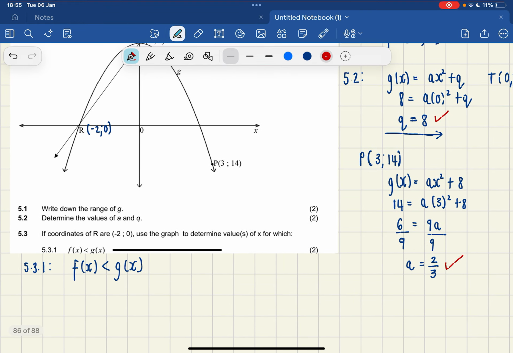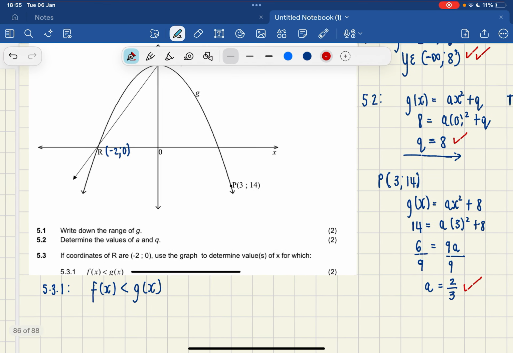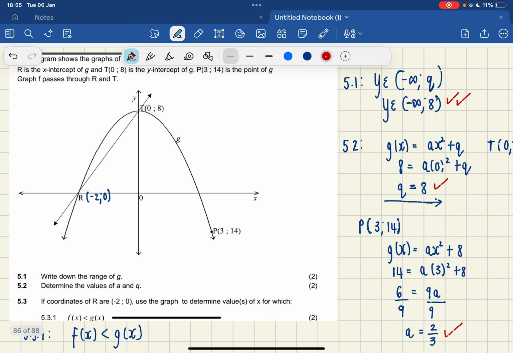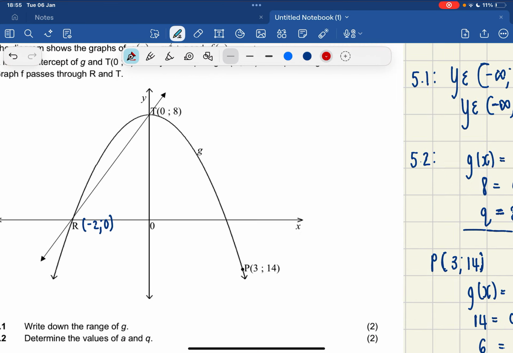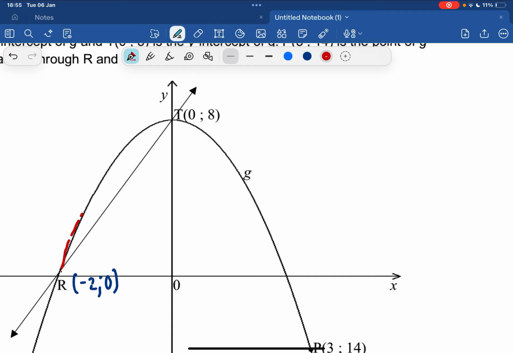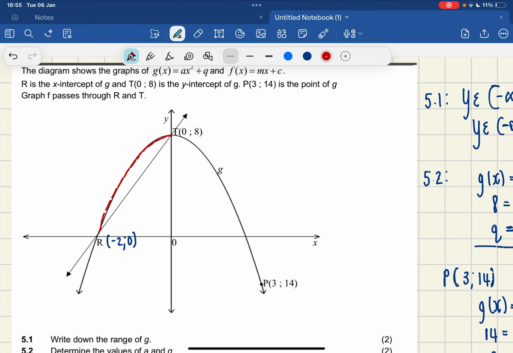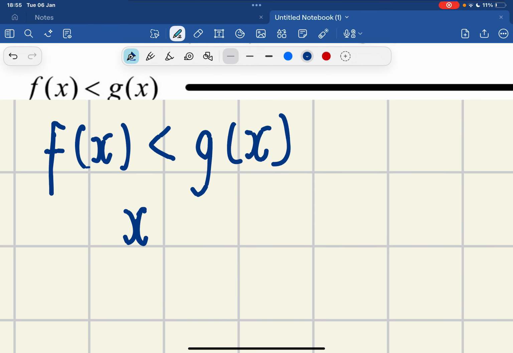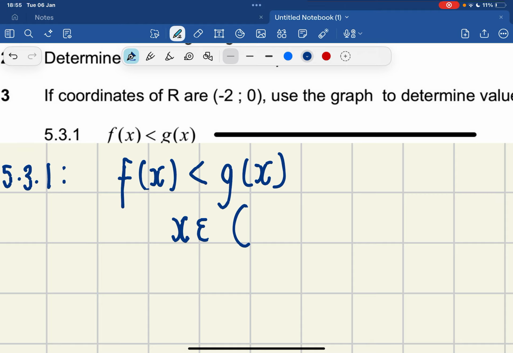So where's g(x)? g(x) is our parabola. Where's the parabola above the straight line graph? We can easily see it here. So x is an element of, not included because there's no stripe below the inequality sign.